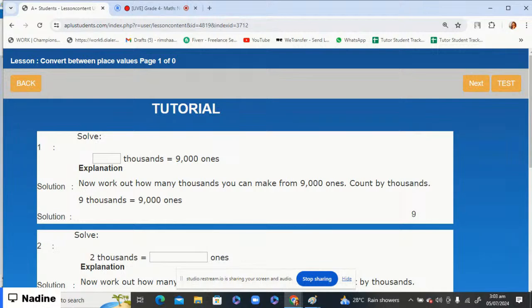It means if you have 9,000 ones, how many thousands are in it? You work out how many thousands you can make from 9,000 ones, so count by thousands. It means that 9,000 ones makes 9 thousands. Okay.